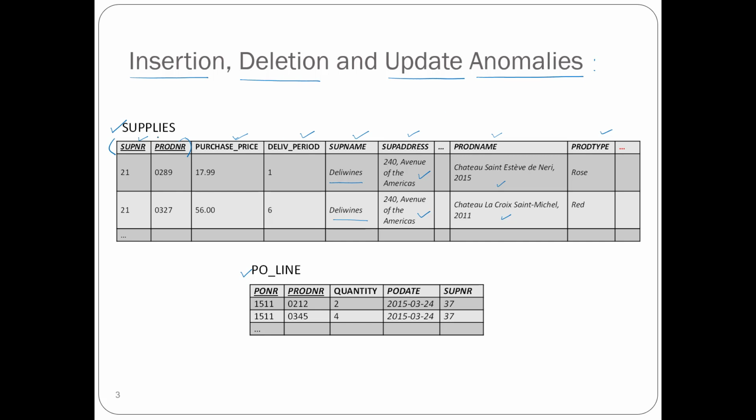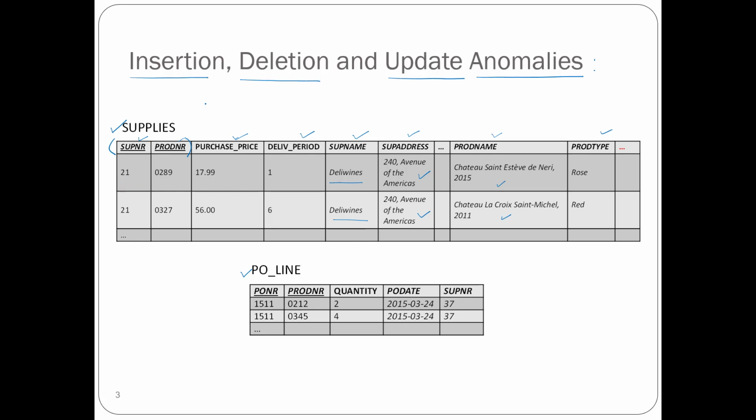Back to what I was discussing before, giving you this idea about redundancies. Let's see what our primary key is. Our primary key is supplier number and product number. We need these two attribute types together to uniquely identify a tuple in this relation.